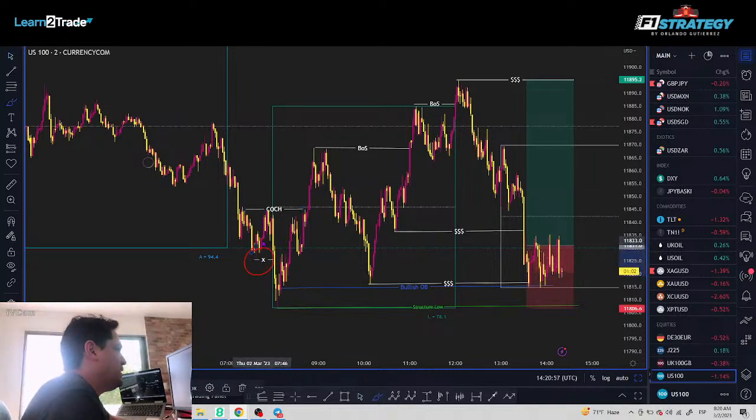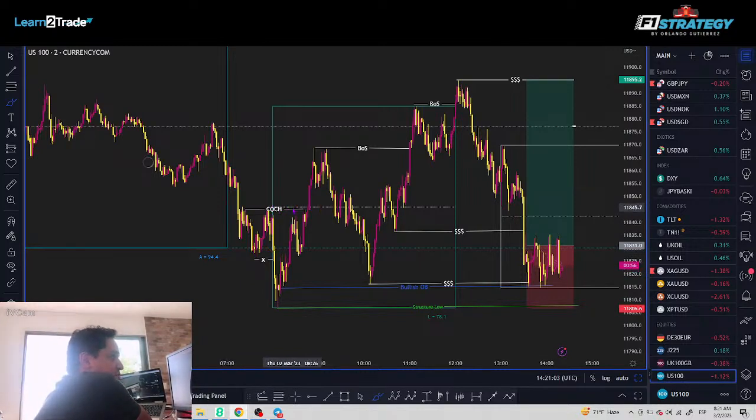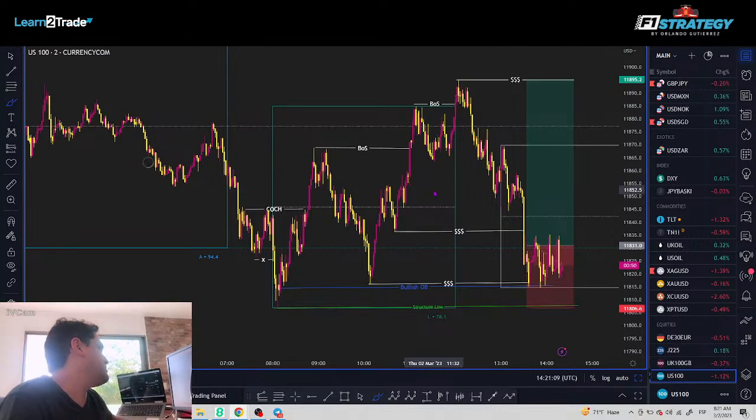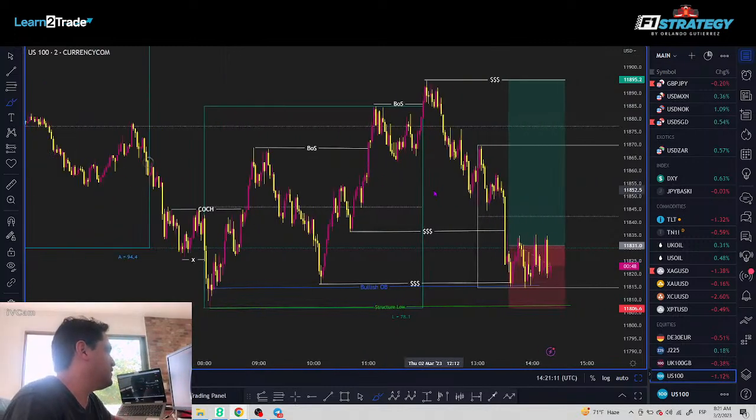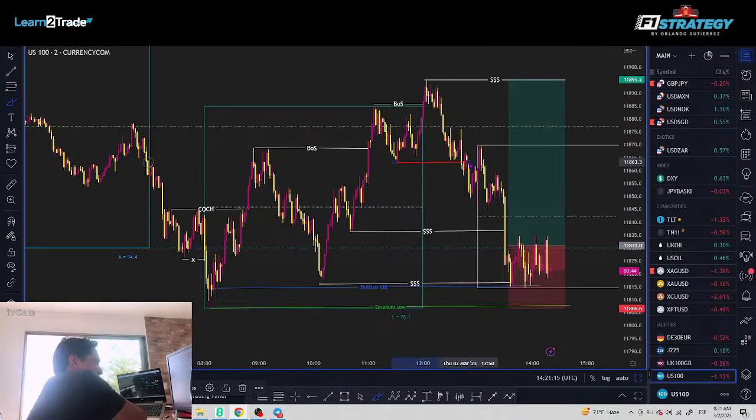Then we got the character change in this market, and then we got two breaks of the structure to the upside. So the upside in this market is really confirmed. Liquidity has been taken out here, which is what I was looking for, and that bullish order block has been mitigated.